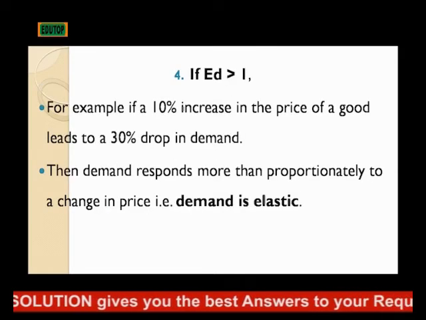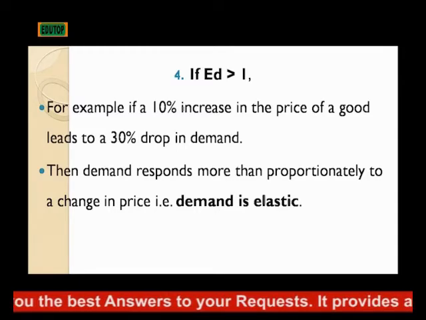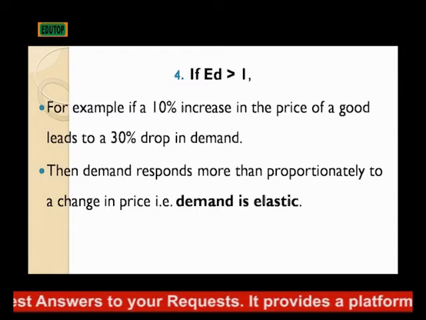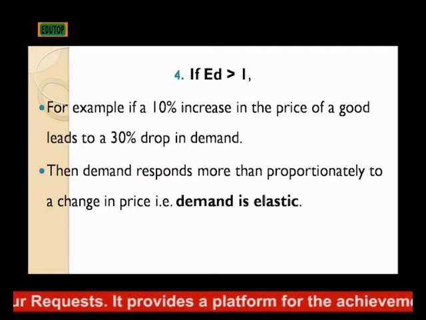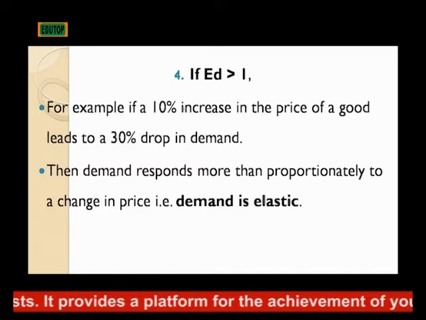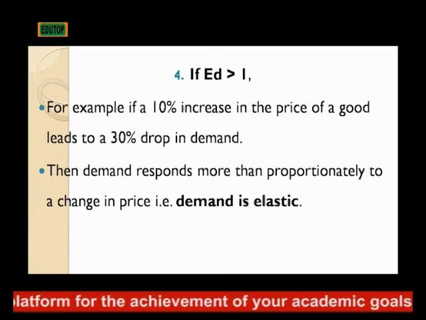And another one, we can have a case whereby the elasticity of demand will be greater than 1. When the elasticity of demand is greater than 1, for example, there is a 10% increase in price, leading to a 20% reduction in quantity demanded.